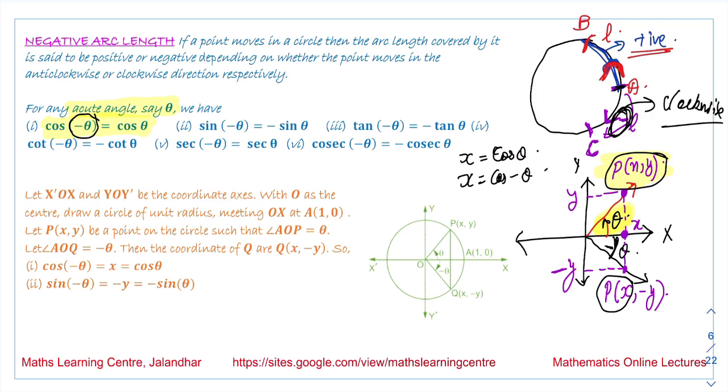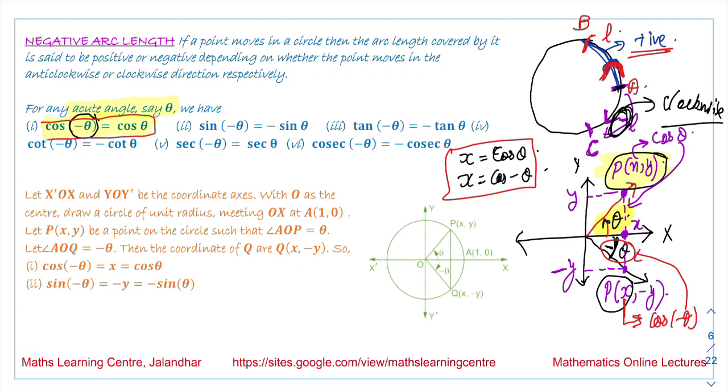I am talking about these points over here. This point is x, and we know x is equal to cos of theta. Theta is this angle over here. When we are talking about this point over here, this x is equal to cos of minus theta, because the angle over here is minus theta. So what we get from this is that cos of minus theta is equal to cos of theta.